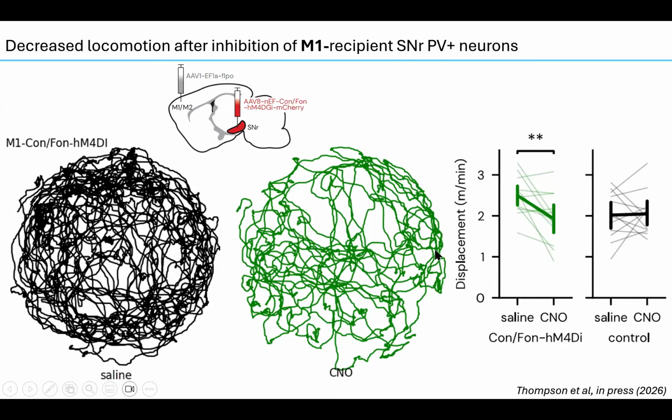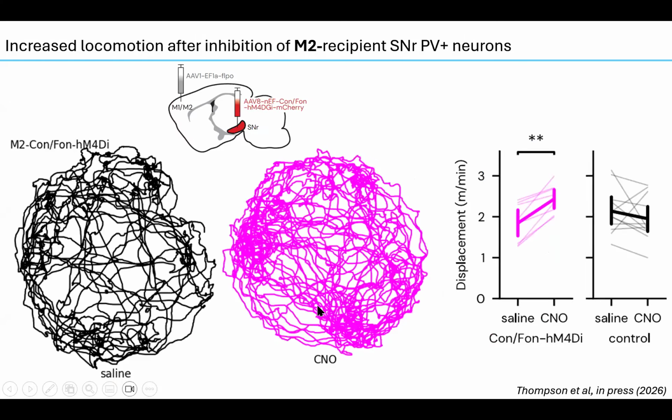The ones that received M1 input, once we injected CNO that would activate the inhibition, moved less. So if we put the animal just in an arena for 15 minutes and see the overall locomotion, they reduced their movement. In contrast, the ones that received input from M2, when we did the same experiment and injected the CNO, moved more.